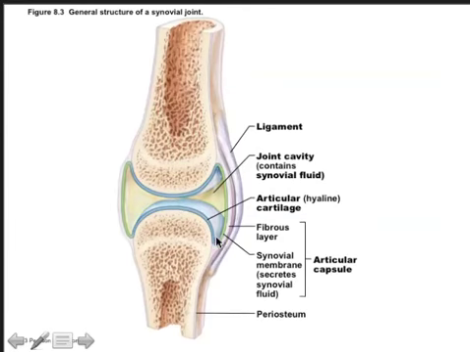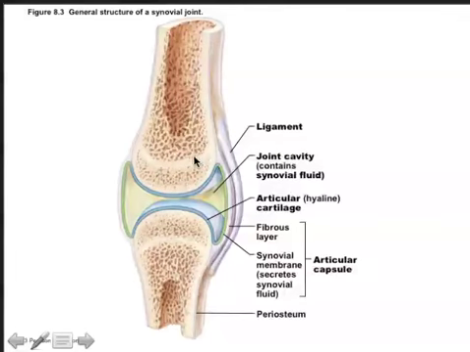And you can see this inner layer here, which is the synovial membrane, and this is where the synovial fluid is secreted. And it, of course, not only lubricates the joint, but it nourishes the cartilage. And superficial to that, you've got a fibrous layer of connective tissue that reinforces the joint capsule. And then you've got ligaments that traverse the outside of the joint capsule and stabilize the joint.